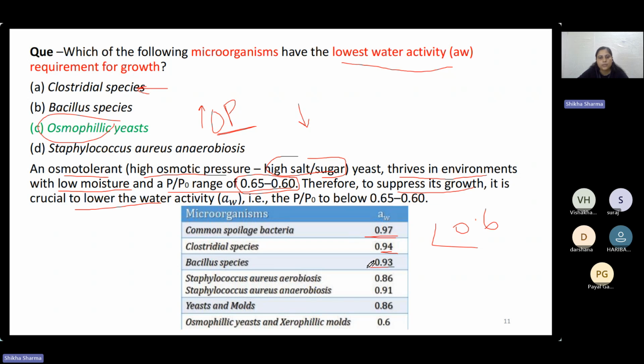Then Bacillus, the second option, is 0.93. Then Staphylococcus aureus, both aerobic and anaerobic, need around 0.86 to 0.91. Yeast and molds need 0.86, but osmophilic yeasts and xerophilic molds can grow down to 0.6 water activity.